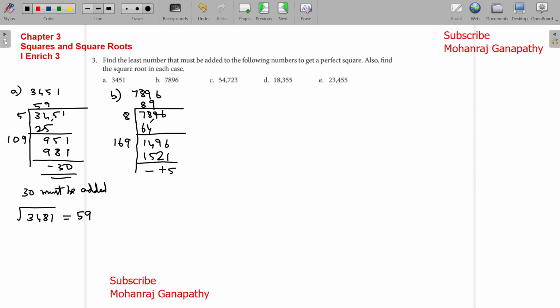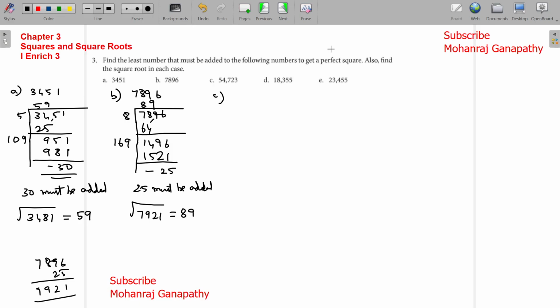Minus 25. So 25 must be added. Square root of 7896 plus 25, 7921. 7921 is equal to 89.